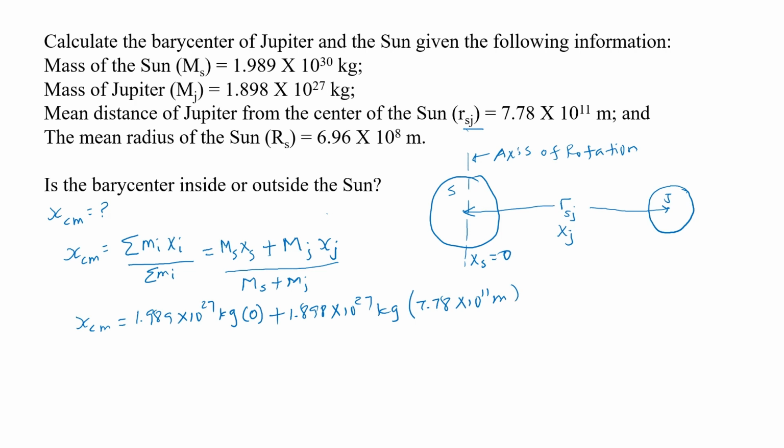Divide the whole thing by the sum of the masses. Mass of the Sun, which is 1.989 times 10 to the power of 30 kilograms, that's the Sun, plus 1.898 times 10 to the power of 27 kilogram, the mass of Jupiter.